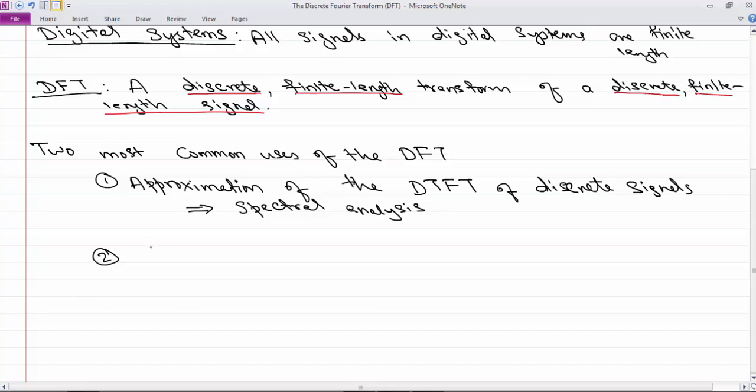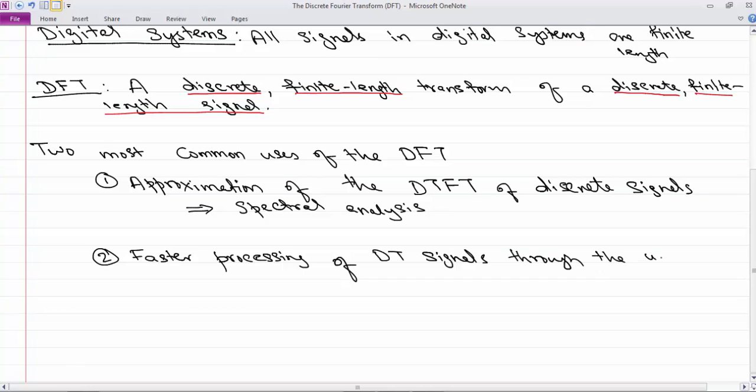The second purpose of DFT is it leads to faster processing of discrete time signals through the use of the relationship between DFT and linear convolution, which we'll study later.